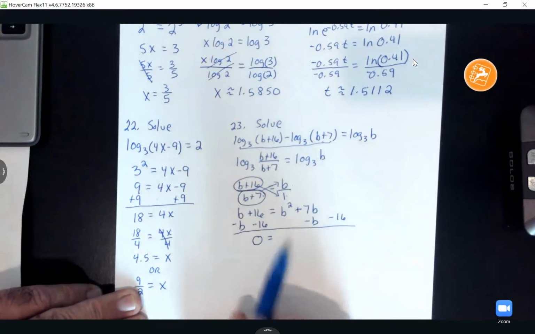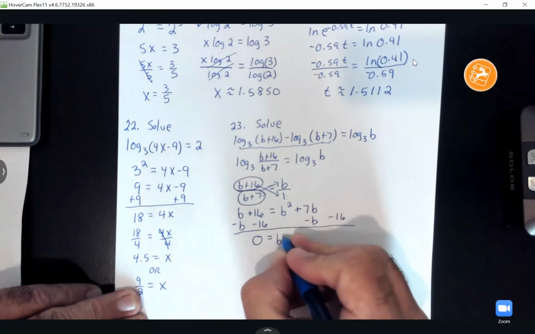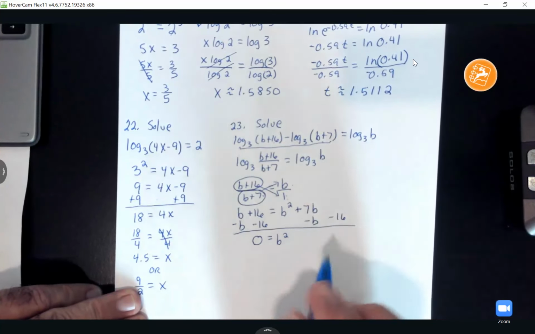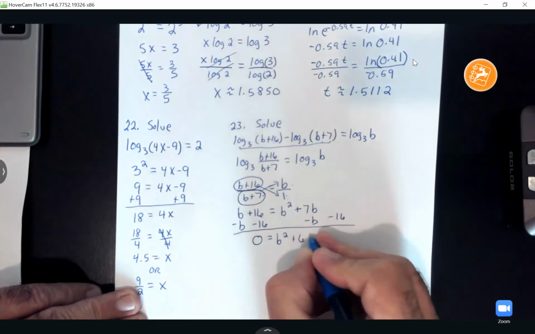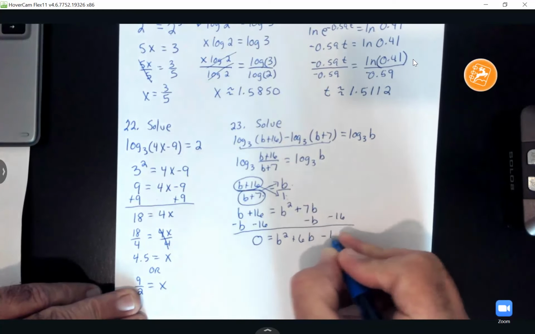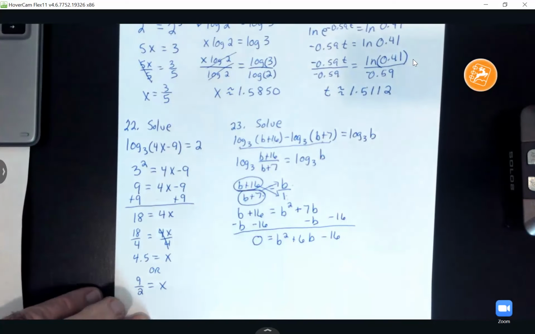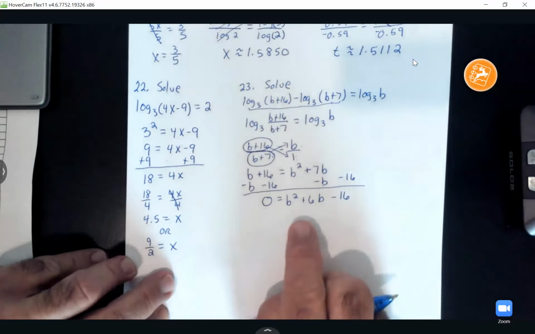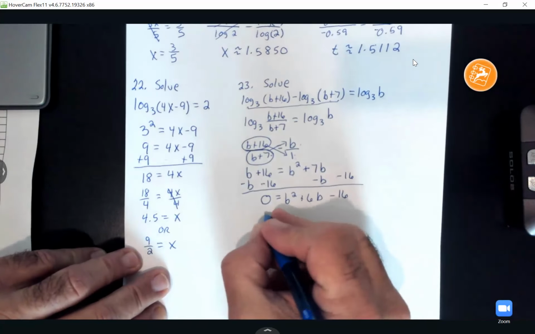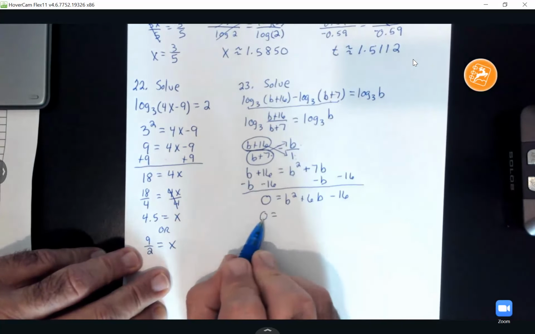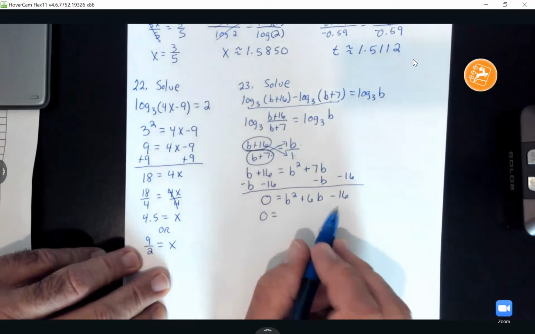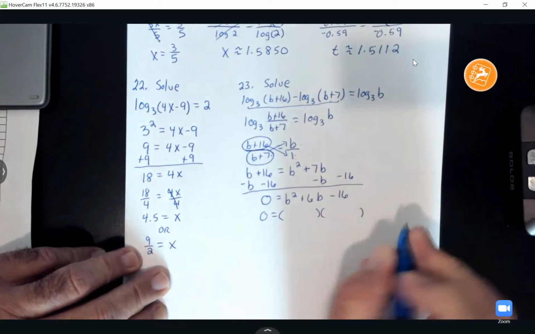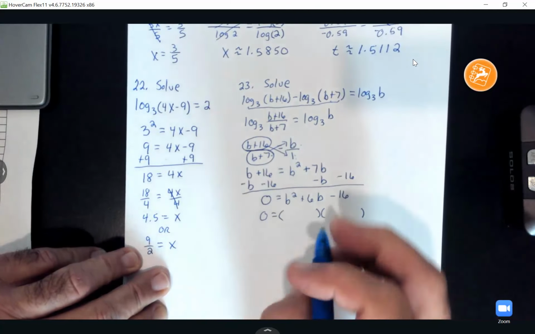So over here, bring down the b squared. 7b minus the 1b left us 6b. And then bring down your negative 16. So now, since we're ready, we got a 0 here. Everything else is on the right side. We now get to factor that. So the b squared would be a b and a b.